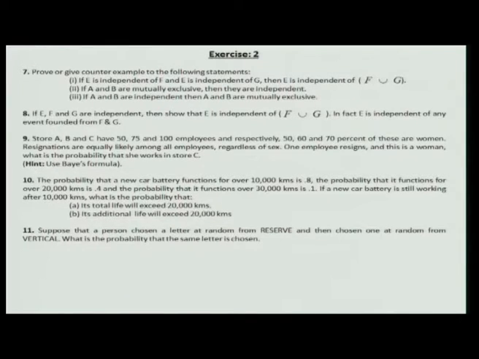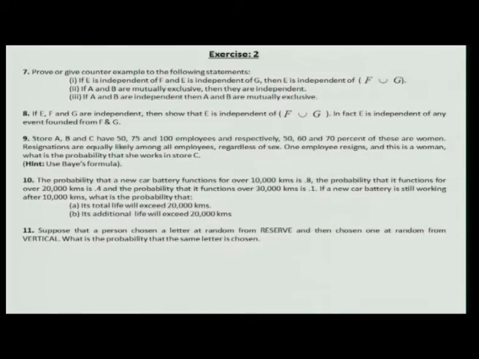Problem 9: the probability that a new car battery functions for over 10,000 kilometers is 0.8. The probability that it functions for over 20,000 kilometers is 0.4, and the probability that it functions over 30,000 kilometers is 0.1. So, these are all conditional probabilities.